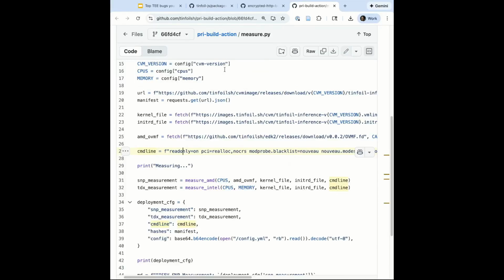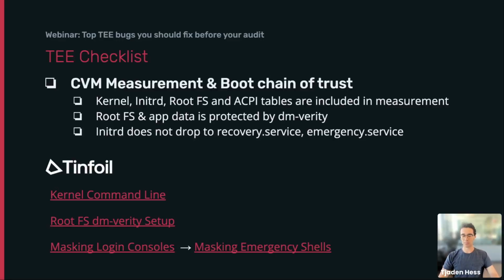Intel is actually somewhat easier. Intel uses RTMRs, which are runtime PCR-like registers that allow you to do things like put your kernel command line into a particular register at runtime, rather than having to encode hashes of all of these things at boot time.